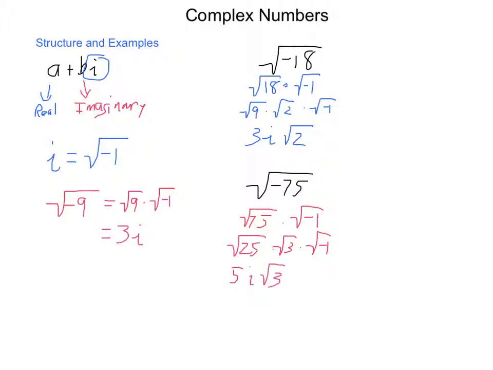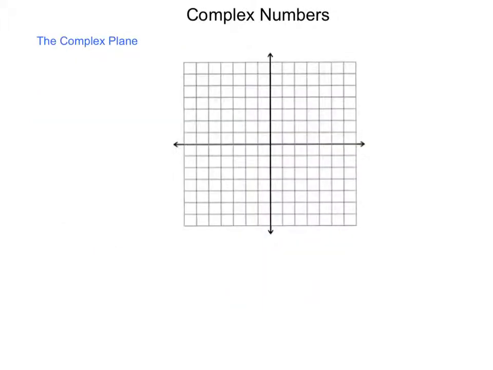So how can we visualize these and see what they look like in comparison to real numbers? In order to visualize, we have to come up with what's called the complex plane. The complex plane looks an awful lot like the real plane that we work with of xy graphs, but in this case our x-axis acts as the real axis.